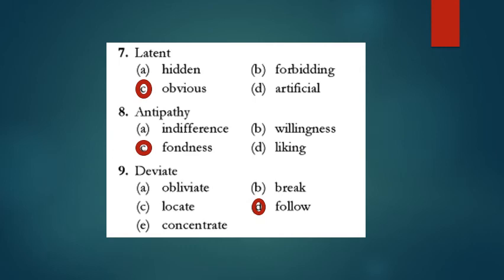And what will be the opposite of it? Fondness, liking. Deviate, deviate the path. Go away from that path, depart from that path. That's what deviate means. Follow the path. So follow will be the opposite of that. So deviate, follow. Antipathy, fondness. Latent, obvious.